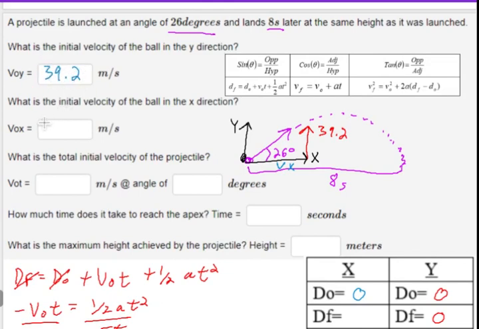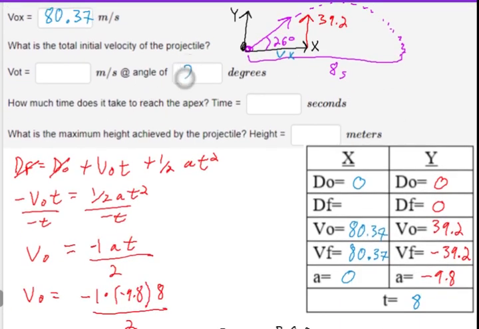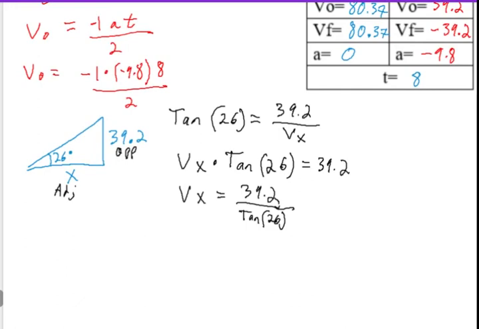39.2 and 80.37. Next question says, what's the total velocity and the angle? Well, the angle's already given to me. It's 26. I'm going to write that. But the total velocity I've got to figure out. So I know what the x is. I just solved for it. It was 80.37.